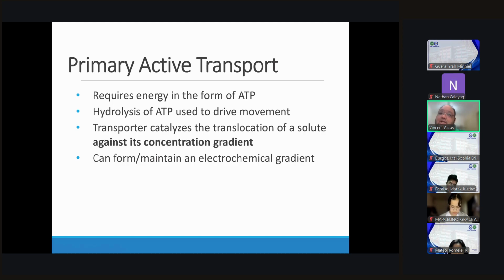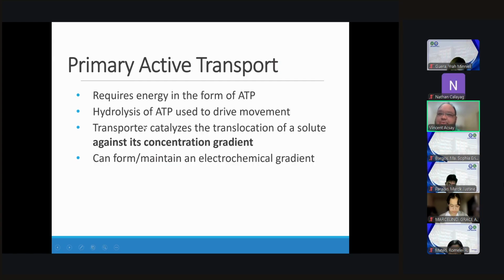The phosphorylation of the transport protein changes its conformation to facilitate the transfer of a molecule. Once the molecule has moved in, the protein can become dephosphorylated to revert to its original conformation and receive another target molecule.